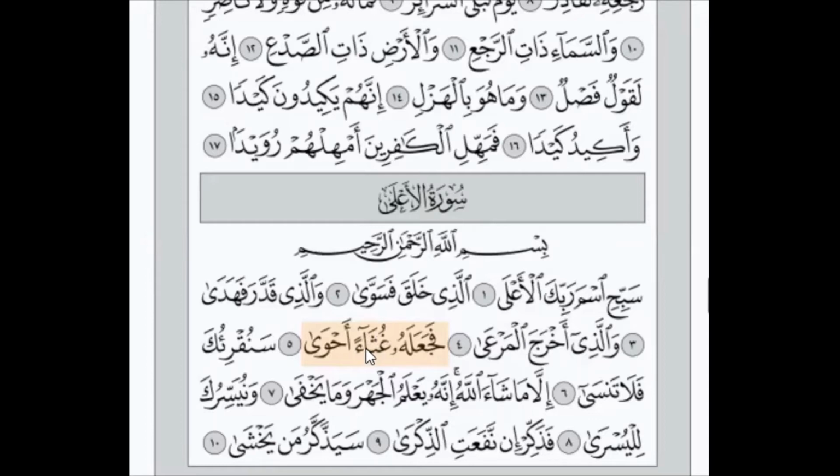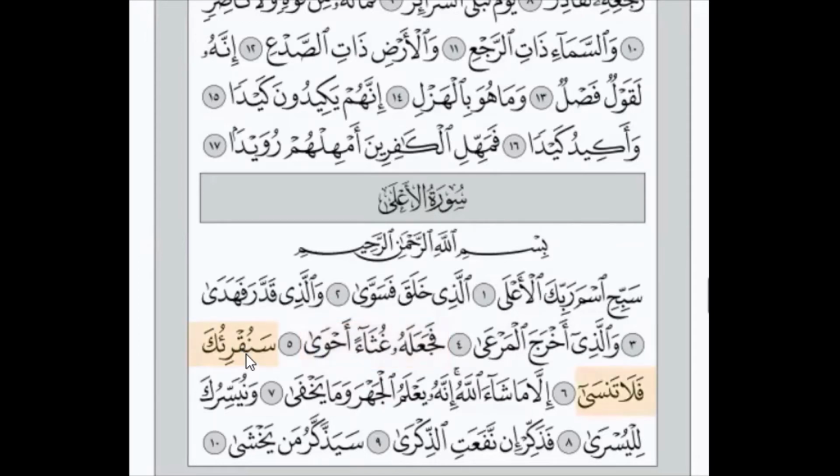It is required for you to elongate this mad, and it is a connected mad because they're both in the same word. The mad letter and the reason for the elongation beyond 2 counts are both in the same word. So you elongate it for 4 or 5 counts. Ahwa, the only thing here is the alif at the end, and we already discussed that this is natural mad extended for 2 counts.